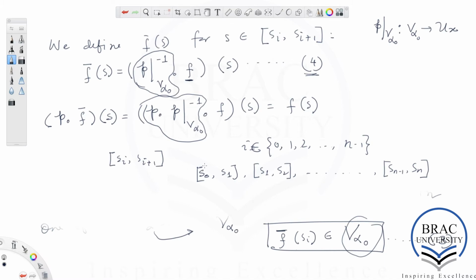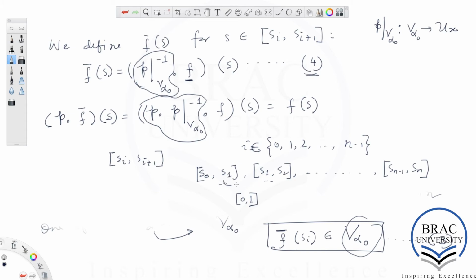Okay, so F bar is defined on all these subintervals, and these are closed intervals in 0, 1, right? And F bar on the overlap of any two subintervals agree.